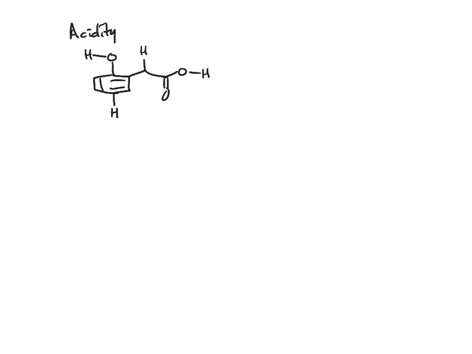So I've explicitly labeled 4 hydrogens here. They all have 4 different pKa's because they all belong to different functional groups. You'll be given a pKa table on the exam, so you don't have to memorize the numbers.